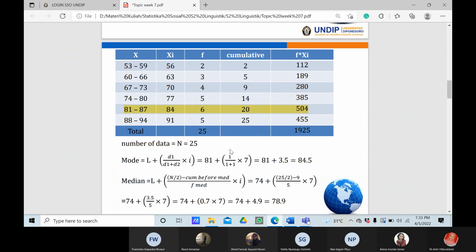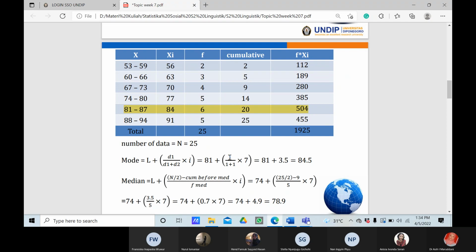Then D1 will be 6 minus 5, which is 1. Divided by D1, also 1, of course, plus D2, the difference between the frequency of the class of the mode and the following class.